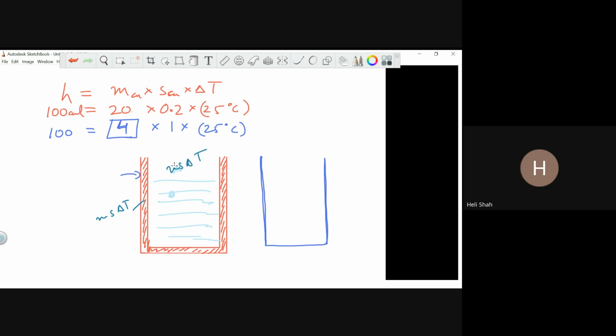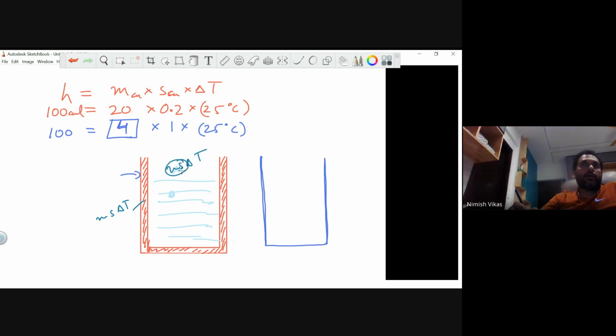Yes, sir. But when we equate, we say that this water equivalent is a certain m dash, then we can do the ms delta T of water and the vessel together, as if it was totally water.